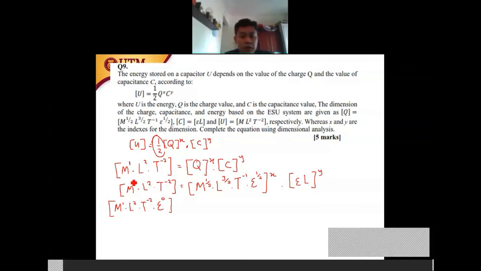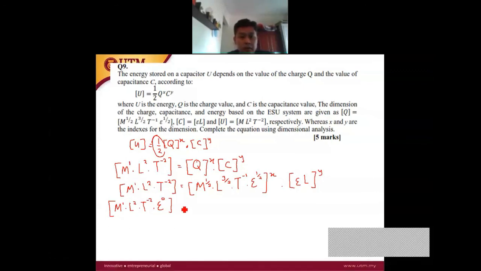Right. So on the right hand side, M, in this case, is 1 over 2 x, multiplied with the index outside the bracket.